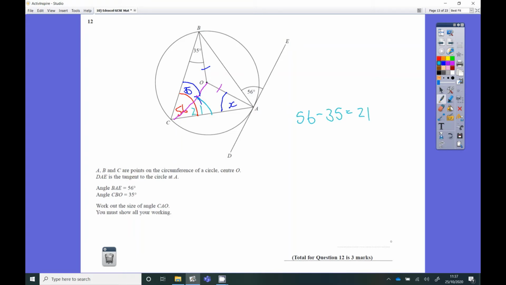And as I said before, that angle OCA is a base angle, along with x, of triangle OCA. So given that that angle is 21, our angle x must also be 21 degrees.